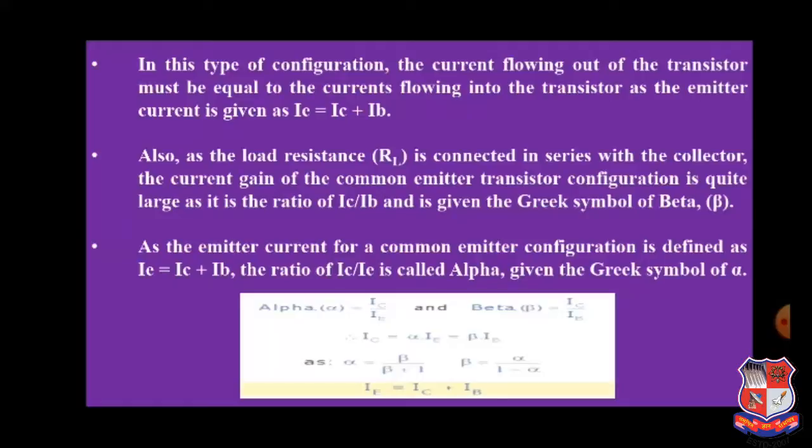And obviously we can now analyze that when the collector is grounded, the input ratio will be quite higher, so we will have to deal with a very low voltage gain, or sometimes a negligible voltage gain.